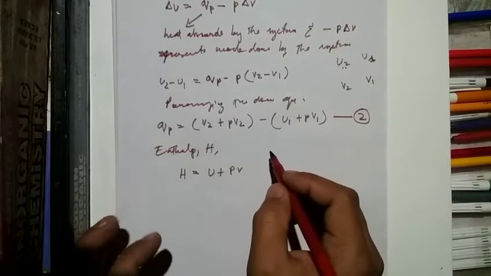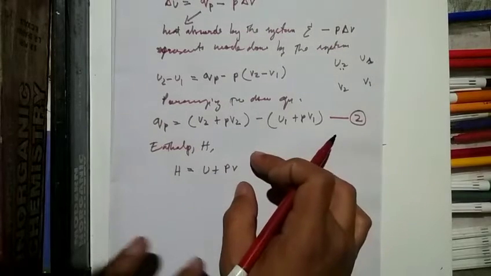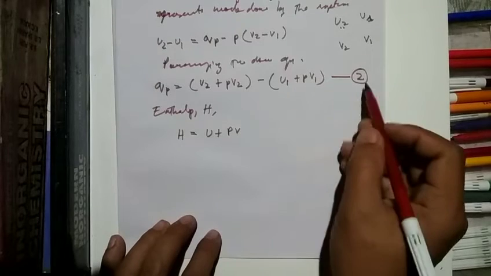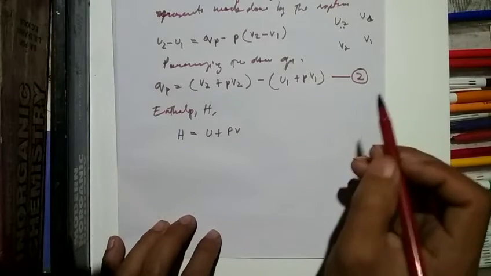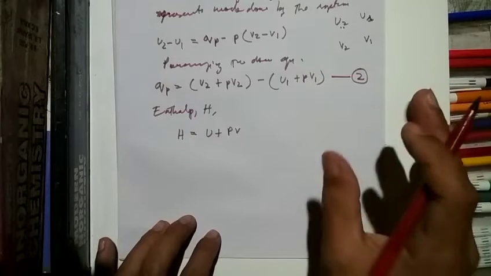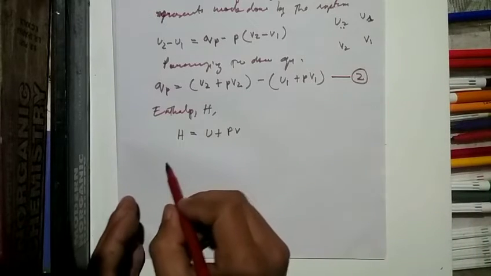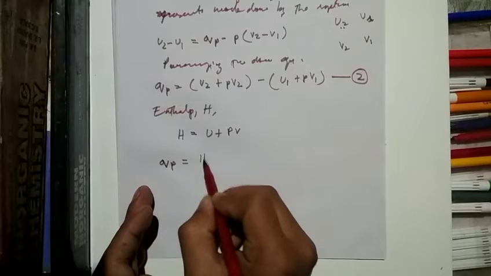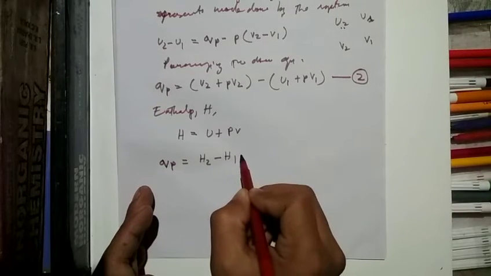This means heat content, or warmth. Now this equation 2 we can rearrange and write as QP is equal to H2 minus H1.